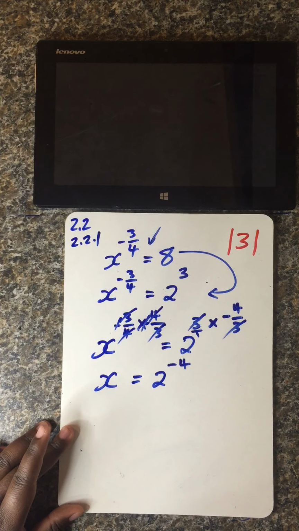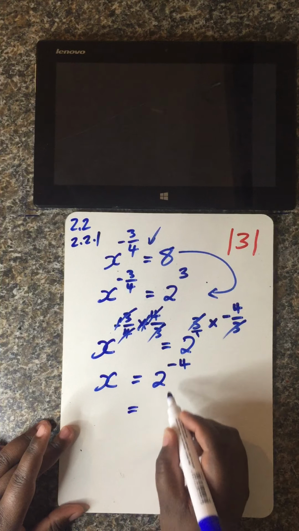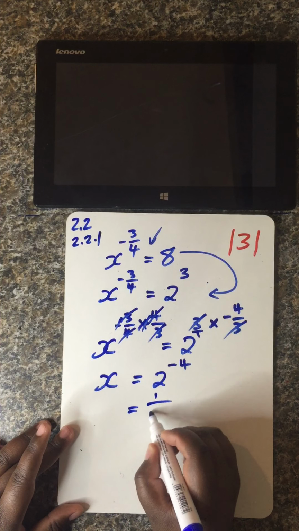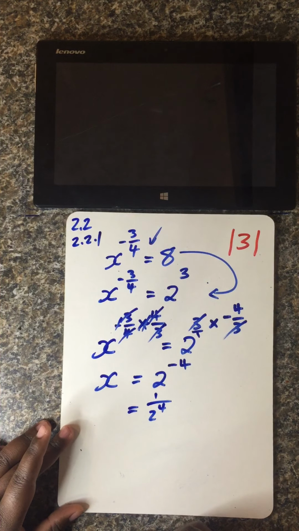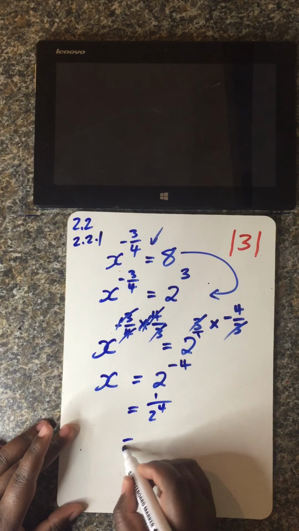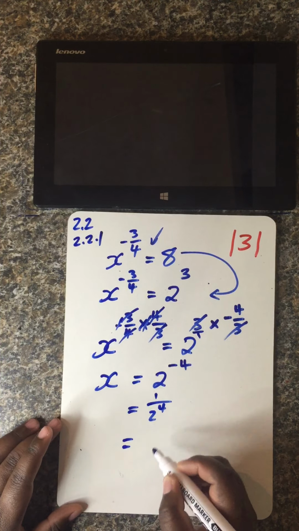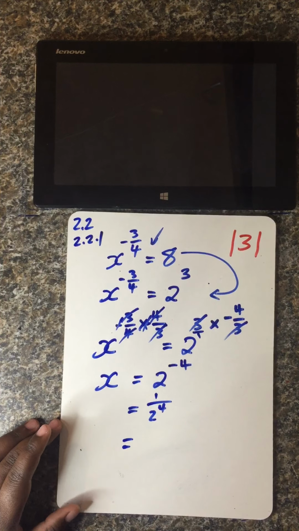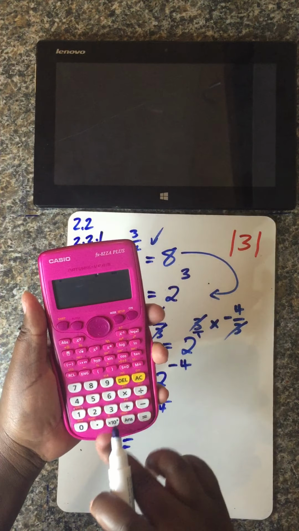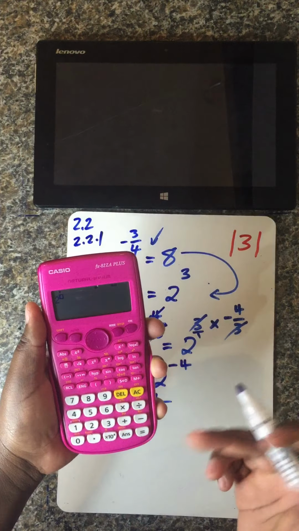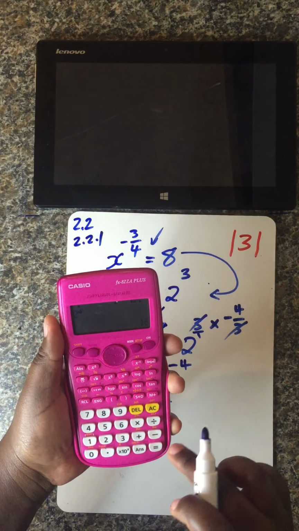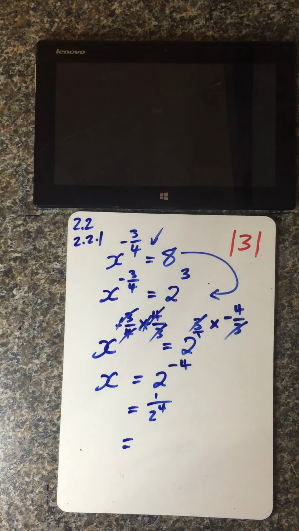So that means this is the same as 1 over 2 to the exponent 4. What is 1 over 2 to the exponent 4? You just need to know what is 2 to the exponent 4. I think it's 16. Ladies and gentlemen, I'm correct.